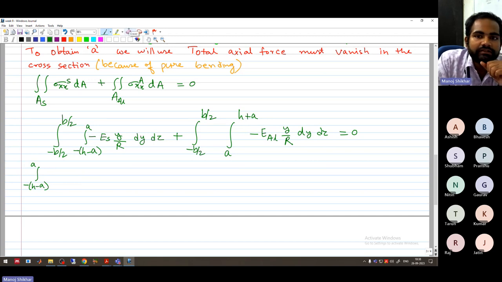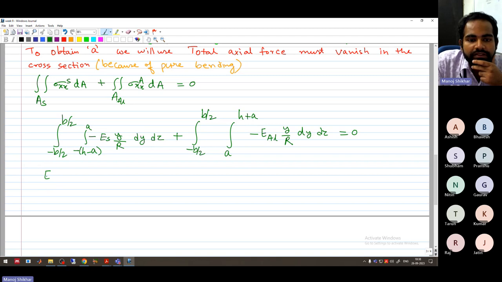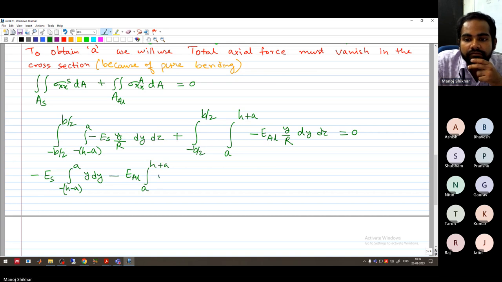So we will have simply E steel times the integral from minus h minus a to a of y dy, minus E aluminium times the integral from a to h plus a of y dy, equal to 0.